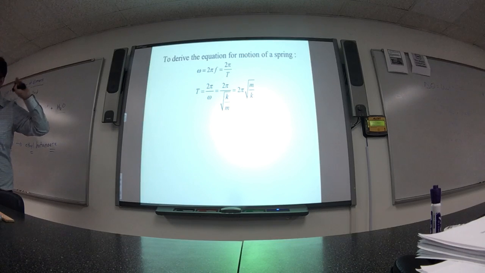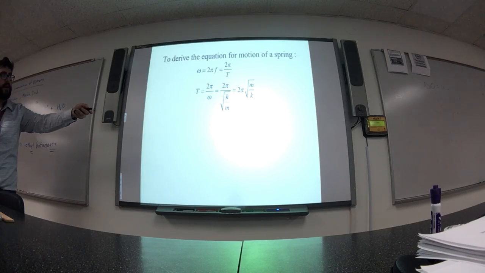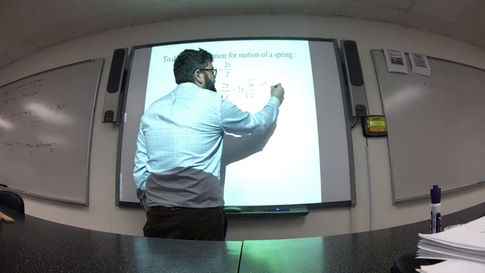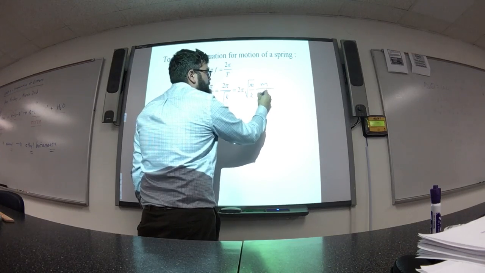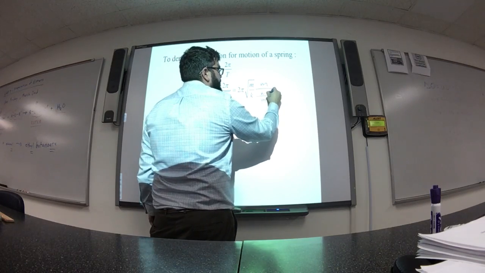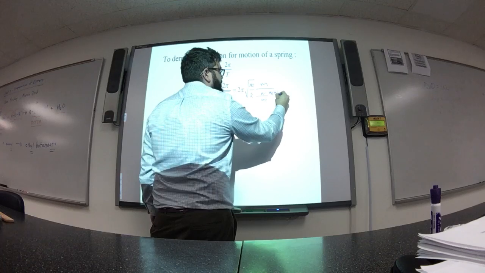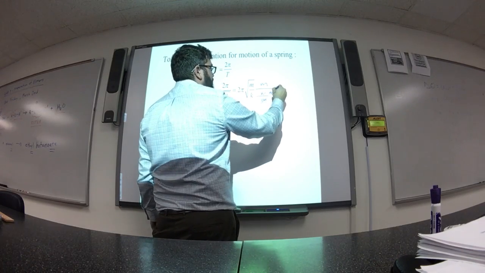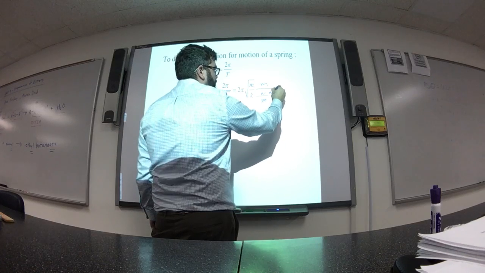And then I'll end up getting this. I know for sure it has to work out unit-wise because k is newtons per meter. So that's going to end up giving me meters squared somewhere. This is going to end up being meters over newtons per meter, which is kilograms meters per second squared, which this is going to cancel with this.